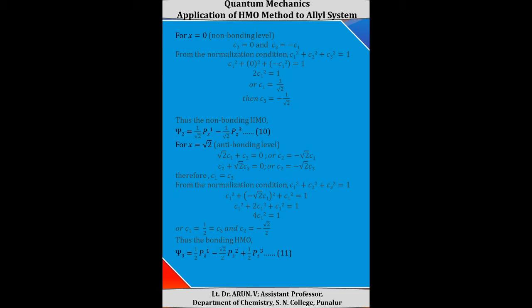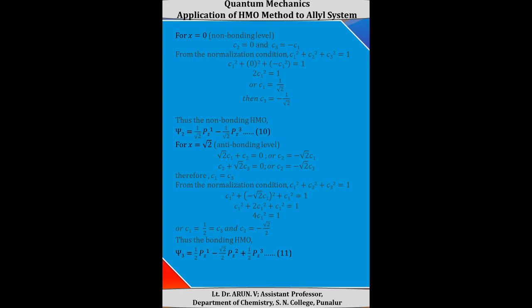By applying the normalization conditions and writing c2 and c3 in terms of c1, we can find the value of c1 as 1 by root 2 and c3 is equal to minus 1 by root 2. Therefore, the non-bonding Huckel molecular orbital psi2 is equal to 1 by root 2 pz1 minus 1 by root 2 pz3.